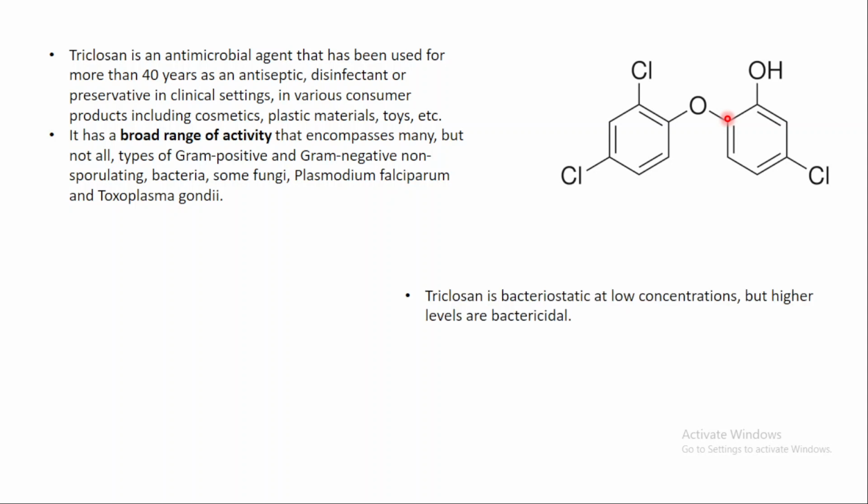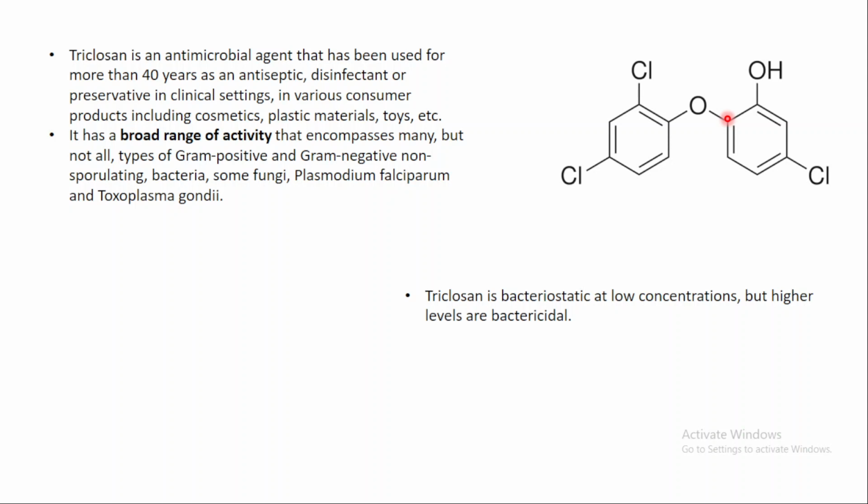Triclosan is bacteriostatic at low concentrations, but at higher levels it is bactericidal. So it is convenient to use triclosan because at lower levels it is bacteriostatic. By bacteriostatic I mean it can stop the growth of bacteria, or bring the bacteria to a static phase where the bacteria cannot grow.